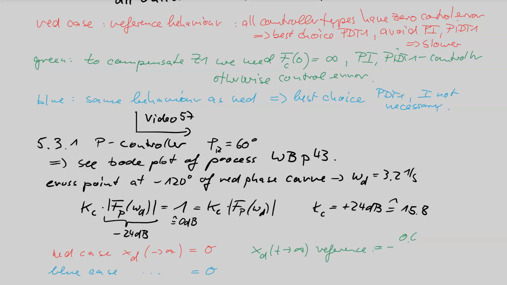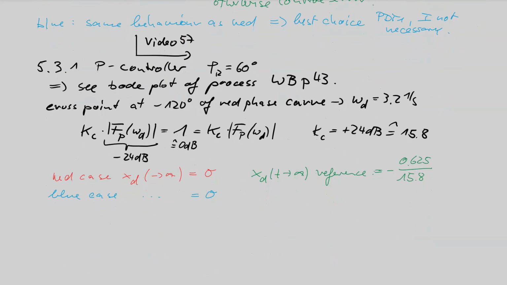Negative 0.625 divided by 15.8, and the controlled output, final value, DC case, in reference case, is, sorry, that is not the reference case, that is nonsense, it is the disturbance Z1 case.